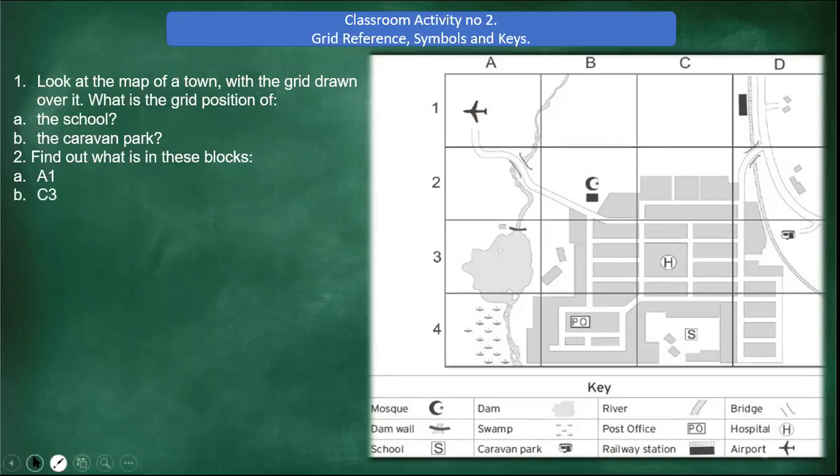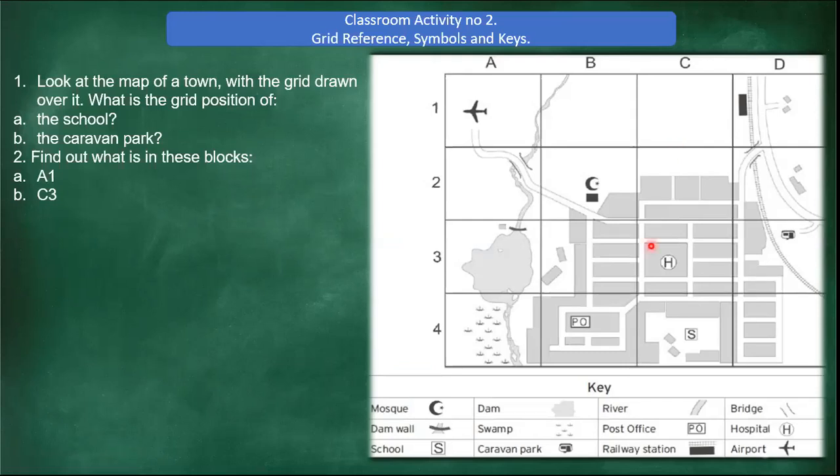What's in C3? C3, what are we having on C3? Michaela. Ma'am, it's a hospital. C3, let's quickly look at it.